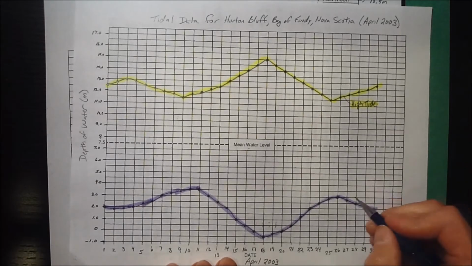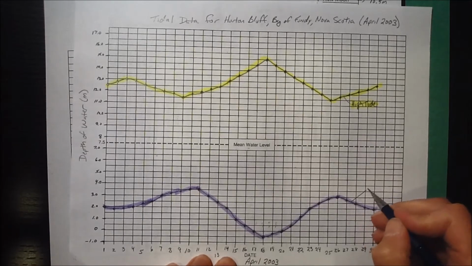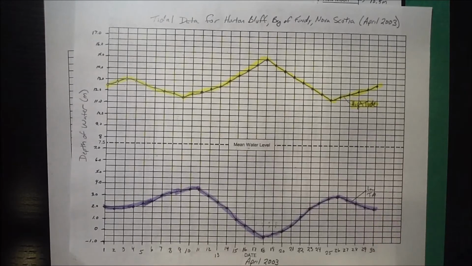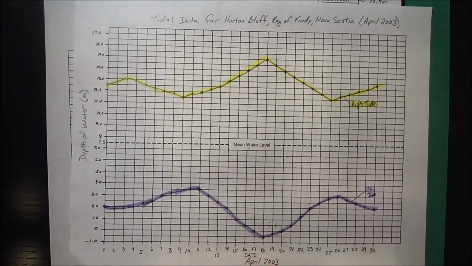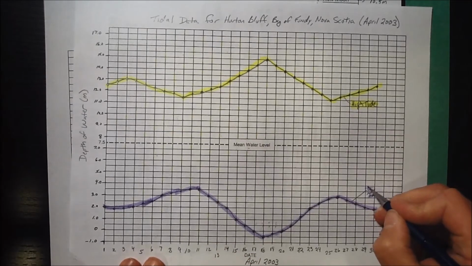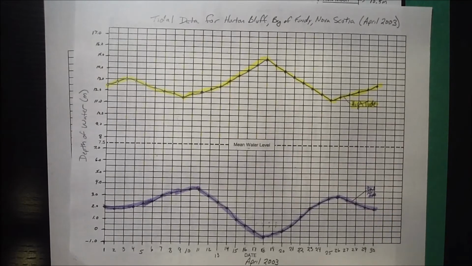And when you look at this, this lower line is going to represent what you recorded for low tide. Okay, I'll sort of color that in so you can see that the blue represents the low and the yellow represents the high.